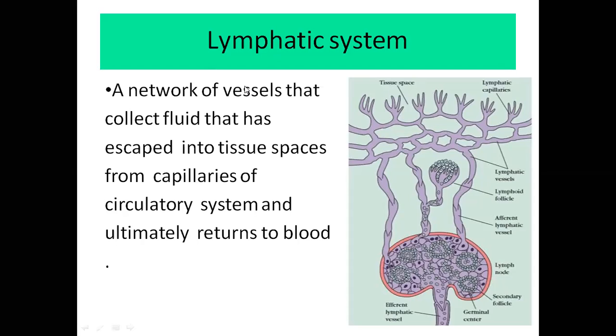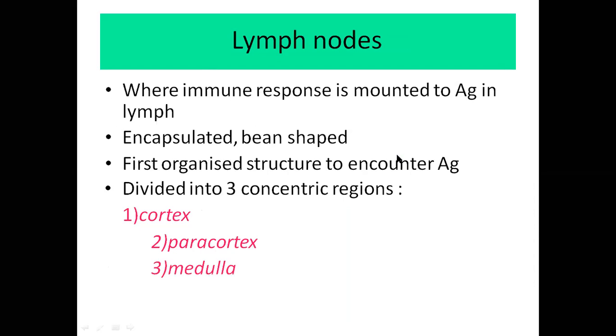These vessels have this fluid flowing within them, and ultimately it returns to the blood and gets mixed with the blood. In the lymphatic system, there is something known as lymph nodes.